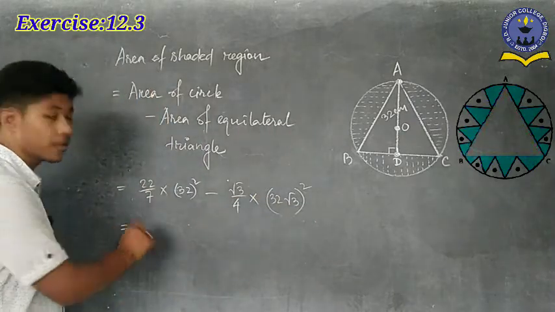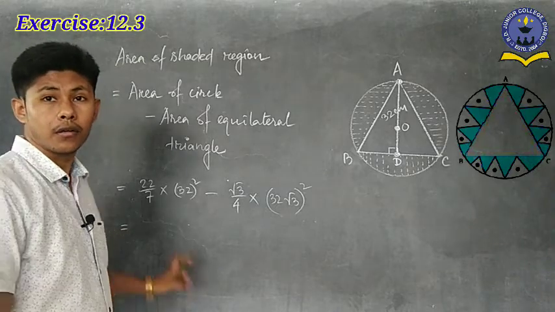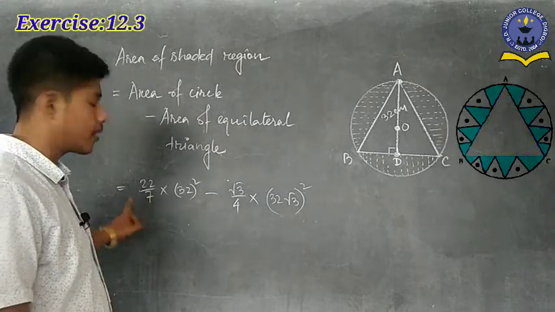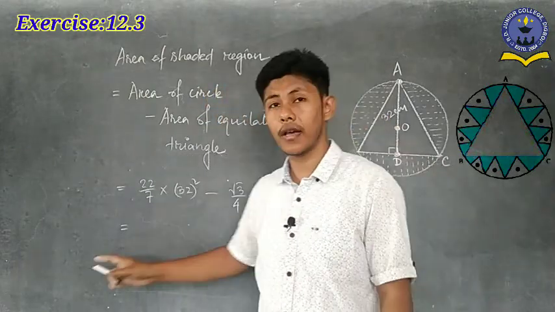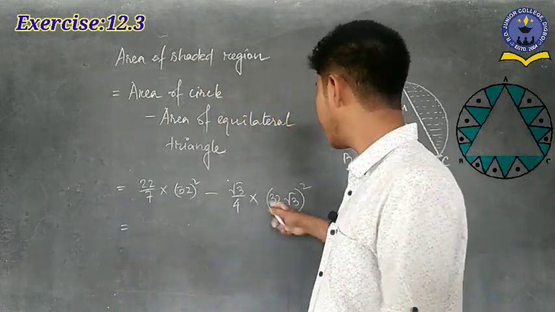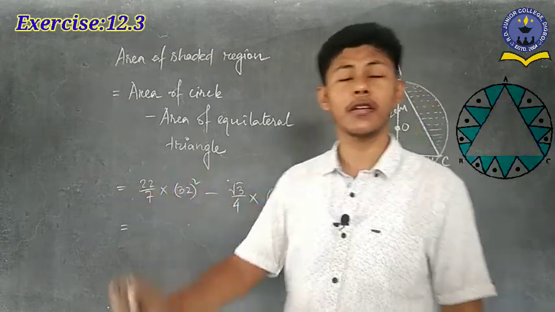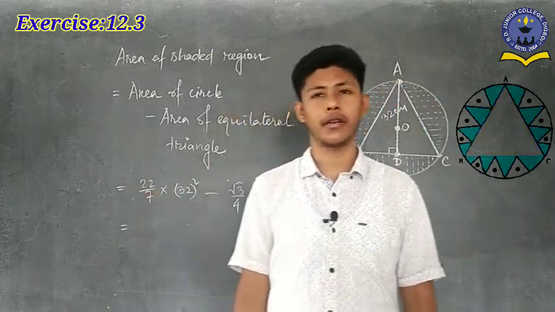And now if we calculate this one, the value we get here is 22528 by 7, isn't it? And similarly here, one value we get, if you calculate this one, we get 768 root 3. Is it clear?